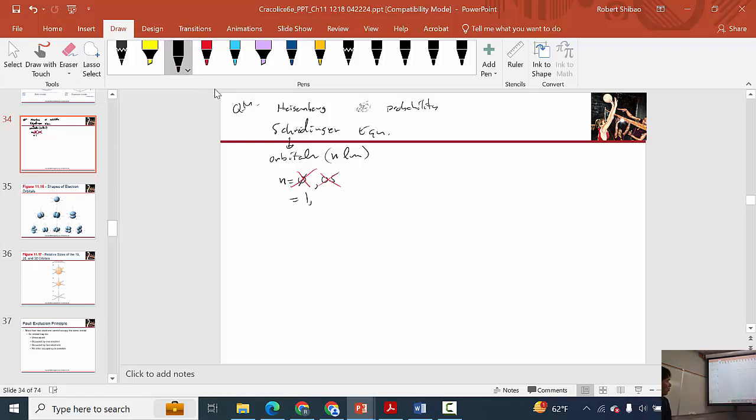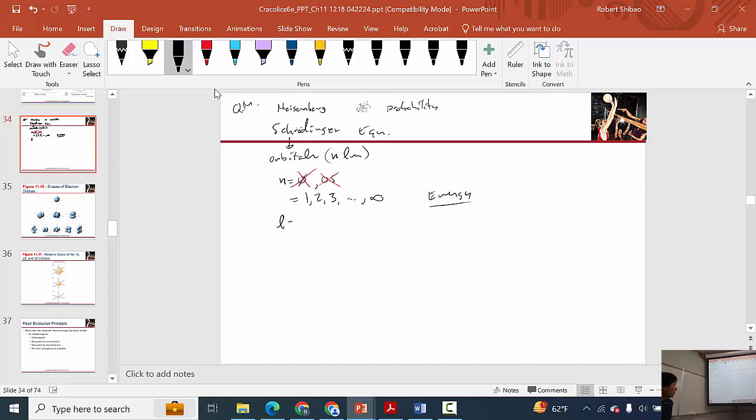And so what's allowed? Yeah, integers from 1. So 1, 2, 3, all the way up to what? It's the max. Infinity. This is called the principal quantum number or principal energy level, or just the energy level. And so it pretty much tells you the energy.